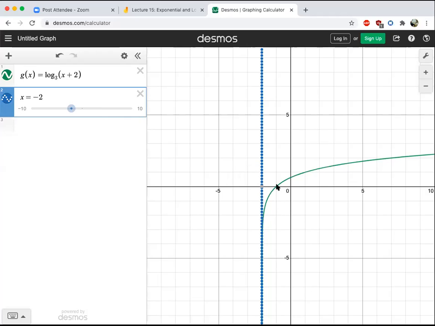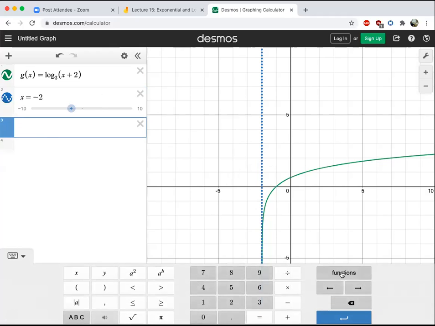The x-intercept is -1 comma 0, just as we predicted. And our y-intercept is going to be 0.631. That's going to be that log base 3 of 2. So real quickly, let's figure out what that decimal is.